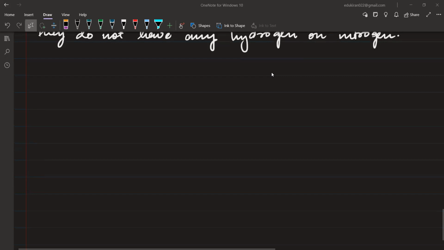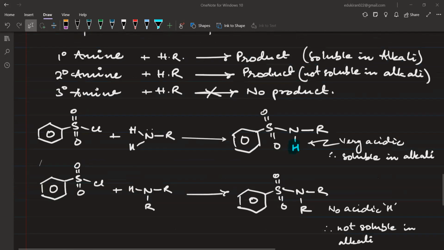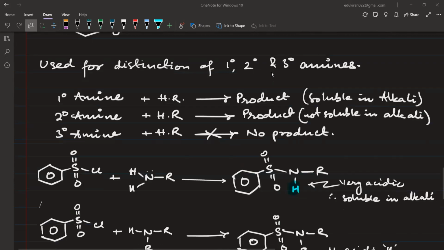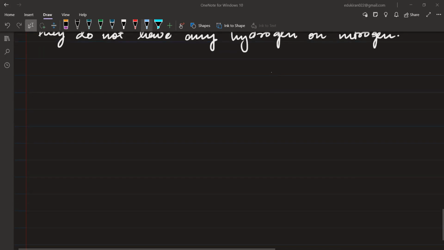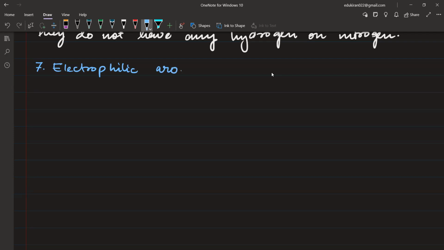Now, right next, the last one. 6 reactions are done. Electrophilic aromatic substitution.